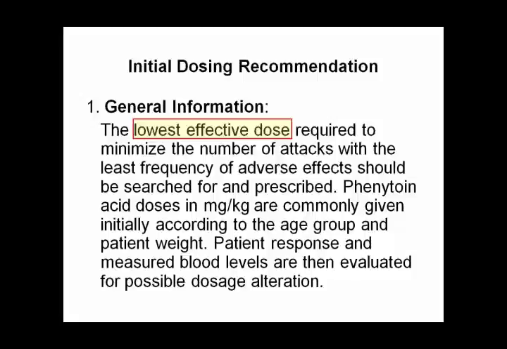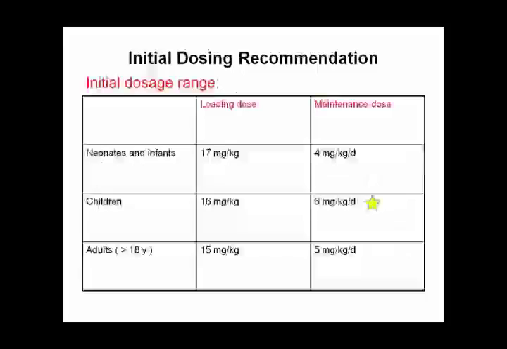The lowest effective dose is normally given, and these are the commonly given doses. In adult, we give about 15 milligram per kilogram loading dose if it is needed, and some people shy away from giving loading dose now on phenytoin, but we may need it if the patient is admitted to the hospital and you're starting therapy, or if you want to give IV medication to reach the levels that you want very quick.